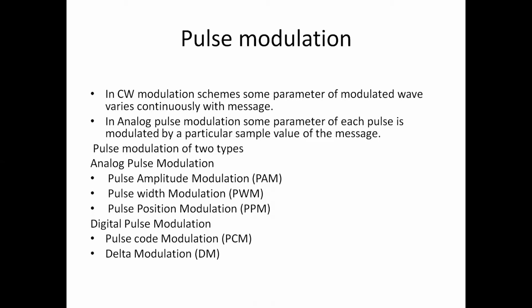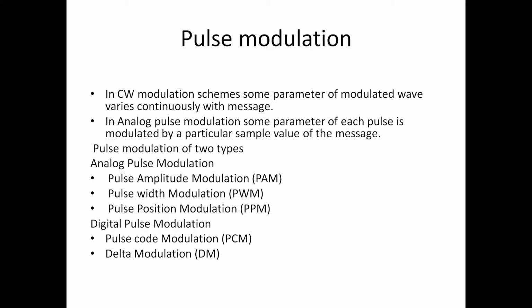And we should look at how many popular schemes come under analog pulse modulation and how many come under digital pulse modulation. We will come to know that pulse code modulation PCM, delta modulation DM, and some other variants of delta modulation, like adaptive delta modulation, etc., come under digital pulse modulation.